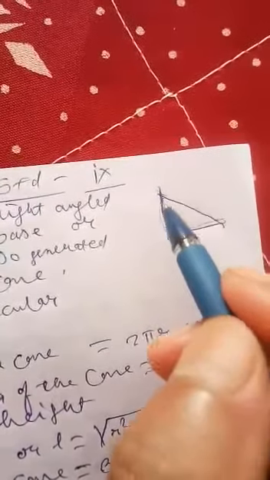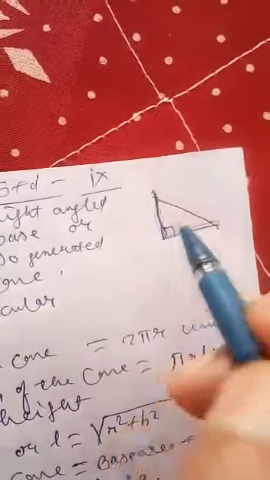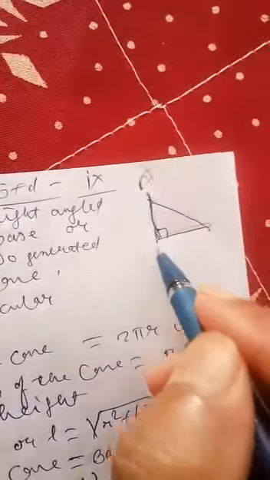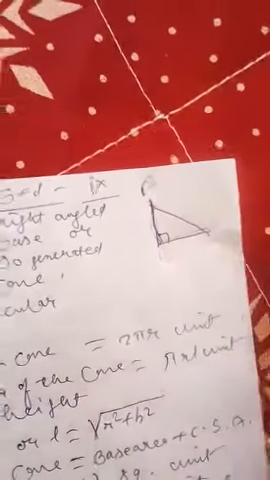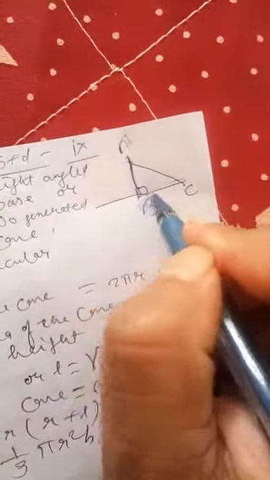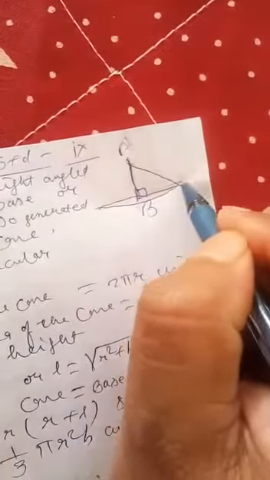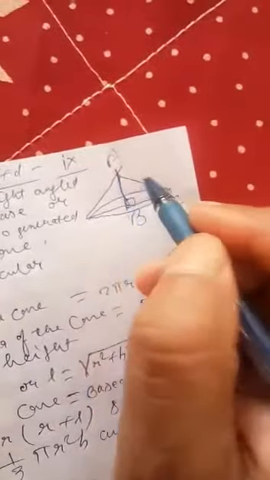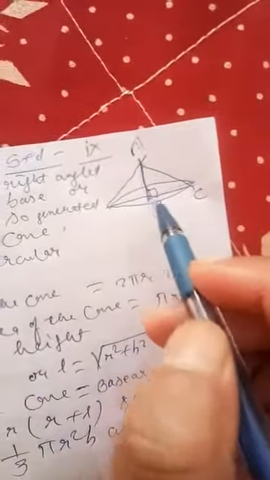For example, suppose I write here A, B, C, and again if I rotate like this, then this part will come over here like this, so it will be a right circular cone.